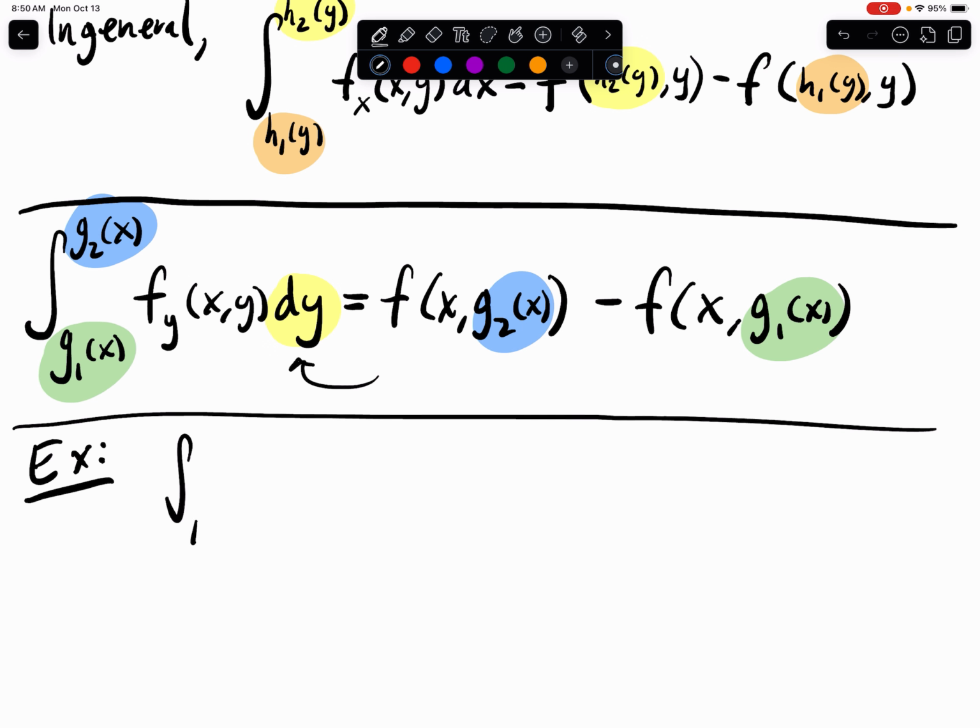The integral from 1 to x of 5x cubed y to the negative 3 plus 6y squared dy. What am I going to integrate this function with respect to?